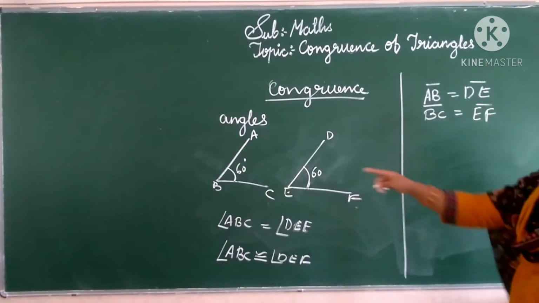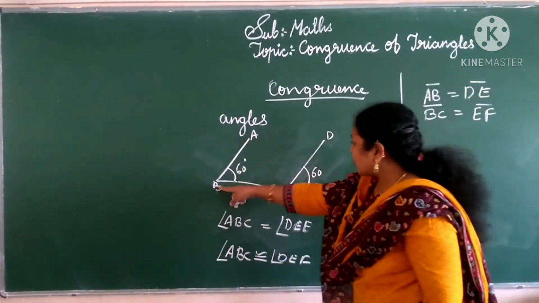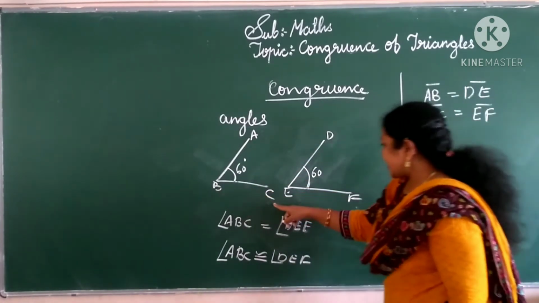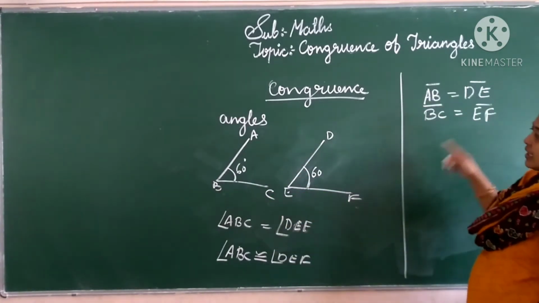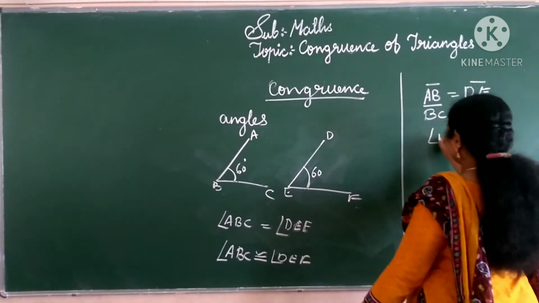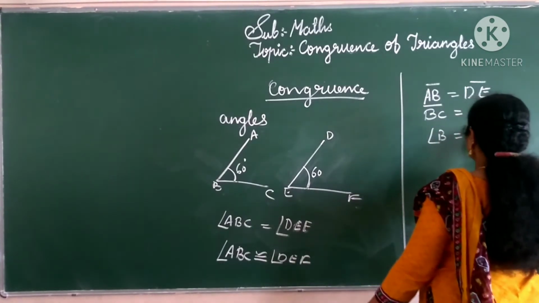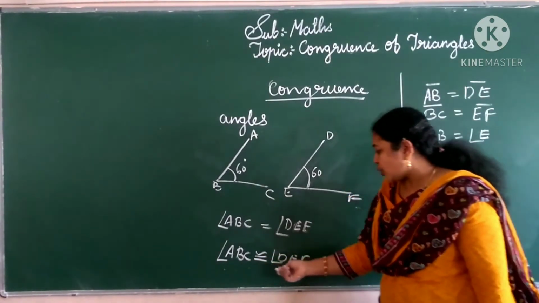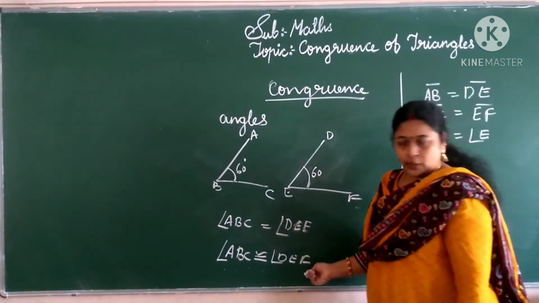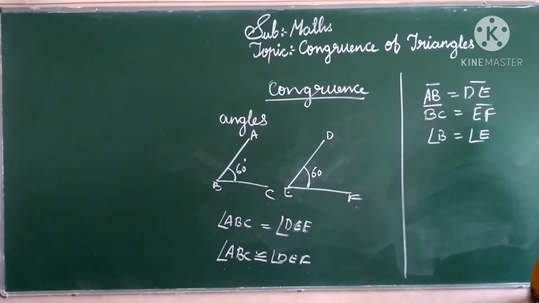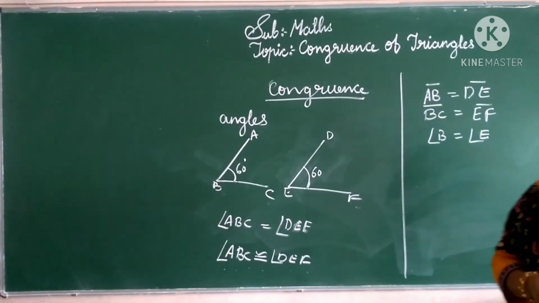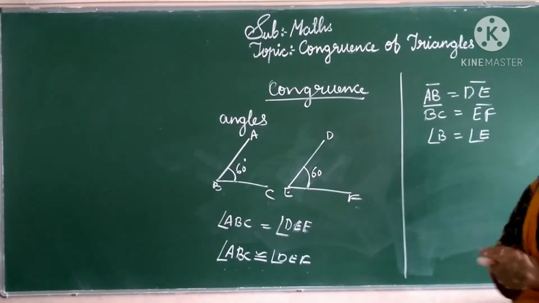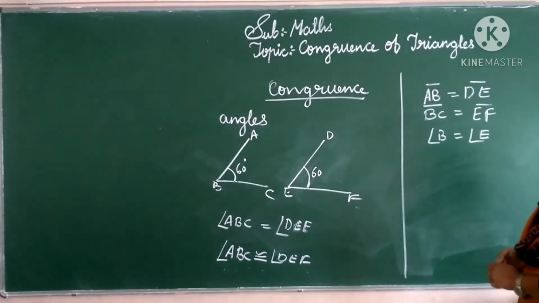AB is equal to DE, BC is equal to EF, and angle B is equal to angle E. Therefore, angle ABC is congruent to angle DEF. Is it clear? Hence, if two angles are equal, then the two angles are congruent. If two angles are congruent, then the two angles are equal.